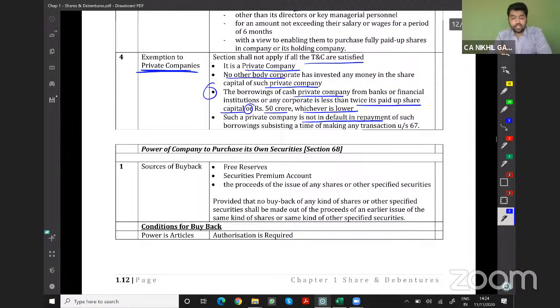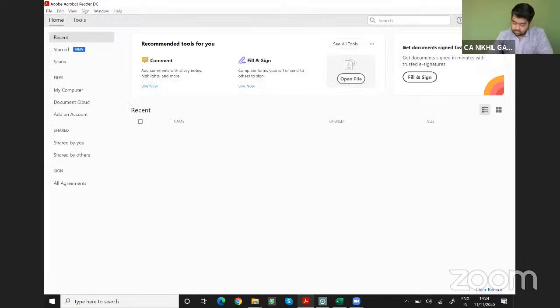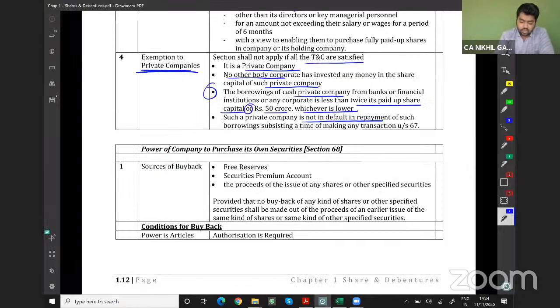So I will re-explain this point. See, I've taken a loan of 40 crores. My share capital is 70 crores.